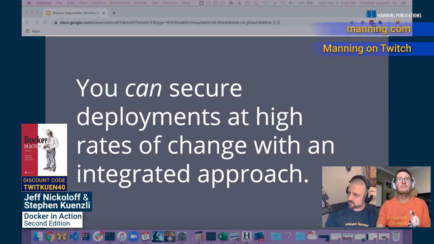Yeah, I guess my parting thing would be really to reinforce: make iterative improvements. Every minor security improvement you make is a win, and you should celebrate those things.